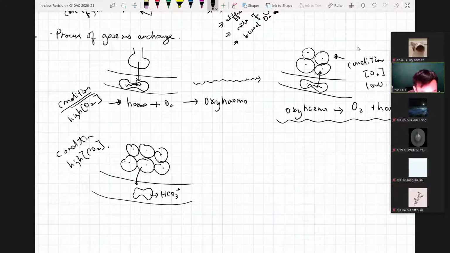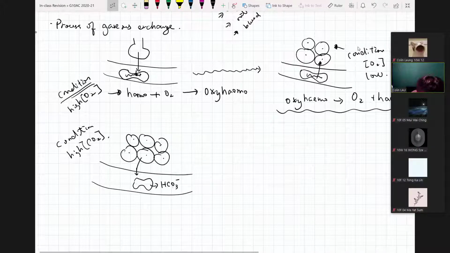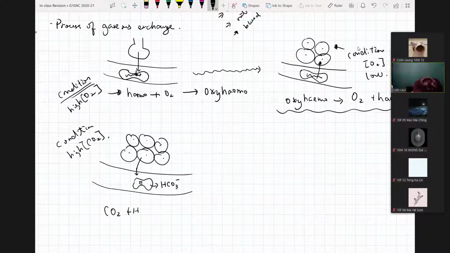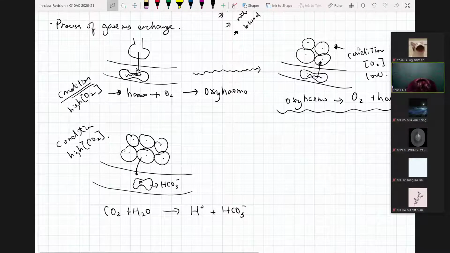So, HCO3 minus. There is an enzyme within the red blood cells that will turn carbon dioxide, using water, into H plus and then HCO3 minus, so that the CO2 won't dissolve in the plasma and get traveled.